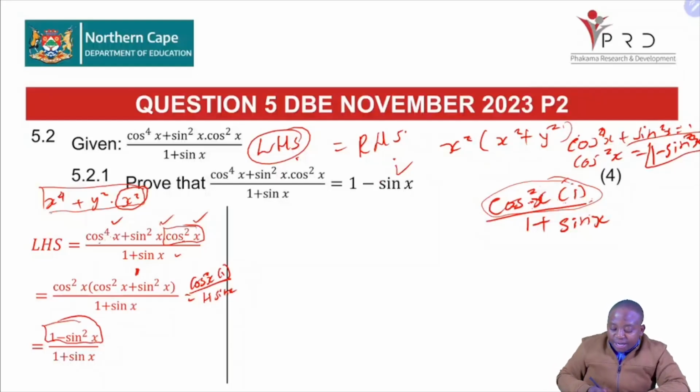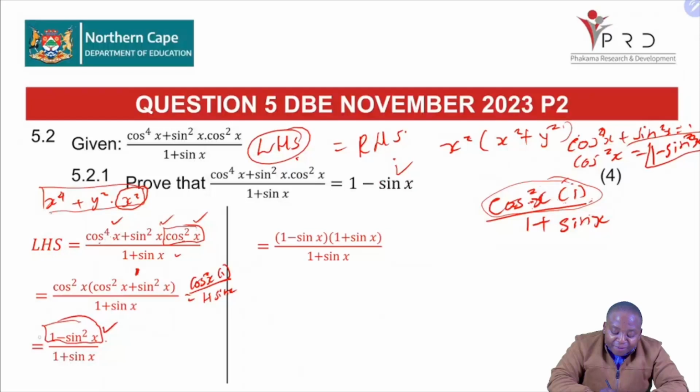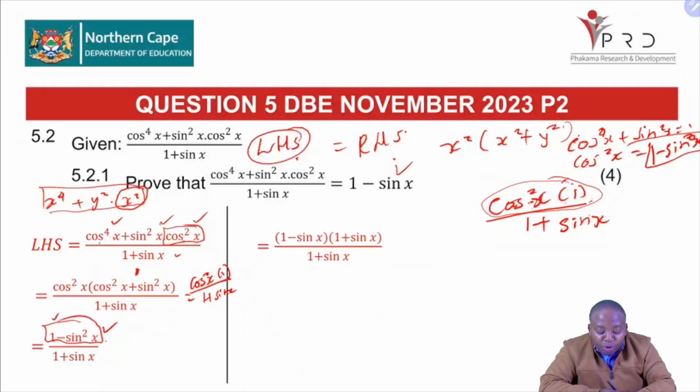Then what do I see after that? I can see that on my numerator, I still have the difference of two squares, because 1 is a perfect square and sine squared x is a perfect square. So I can simply factorize the numerator using the difference of two squares. I get 1 minus sine x into 1 plus sine x all over 1 plus sine x.